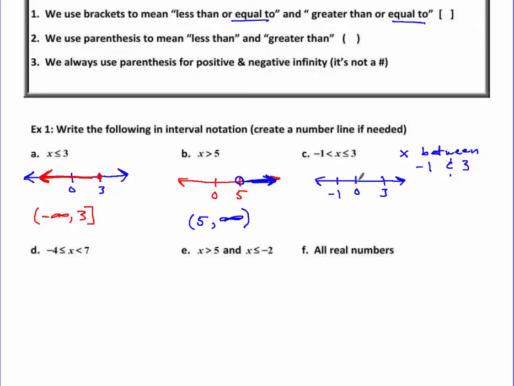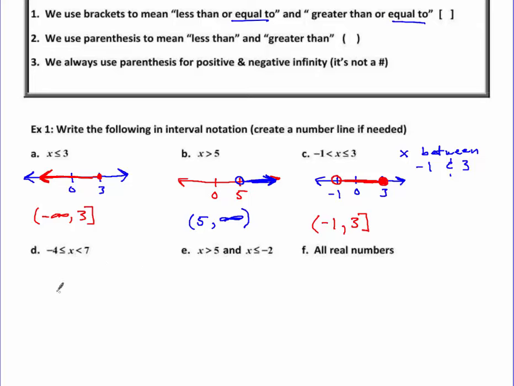We just have to decide do they get circles or shaded in circles. So negative 1 is not equal to, 3 is equal to, and x is everything in between there. So our interval notation, we would say that we start at negative 1 but don't include negative 1, and we go all the way to positive 3. So negative 1 to 3 is our domain.